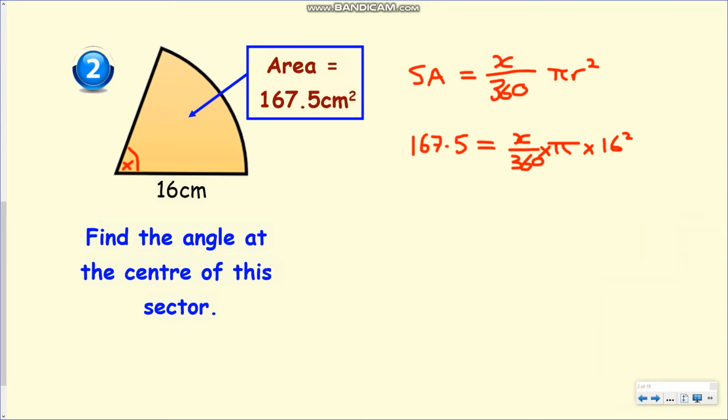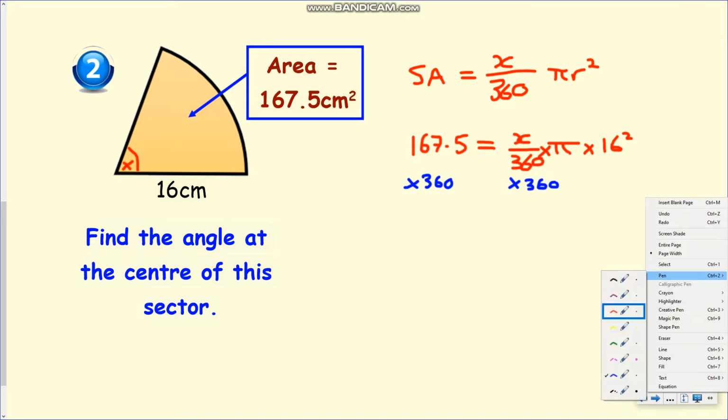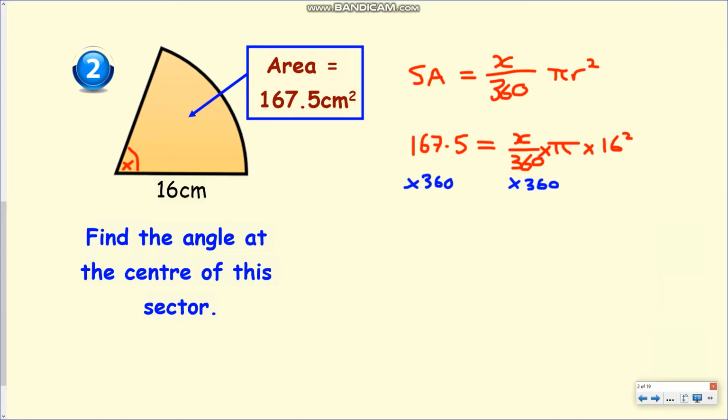So the first thing I'm going to do is multiply both sides by 360. That's going to give me x multiplied by pi multiplied by 16 squared.